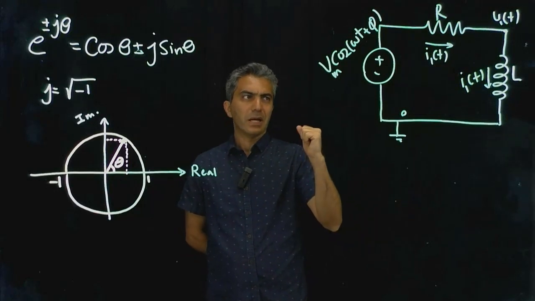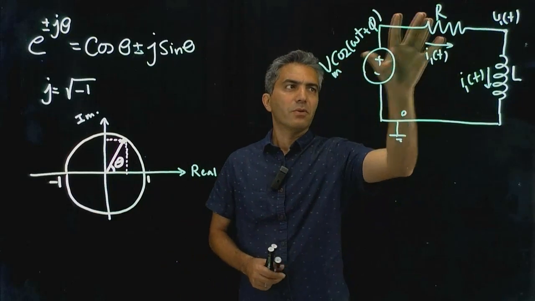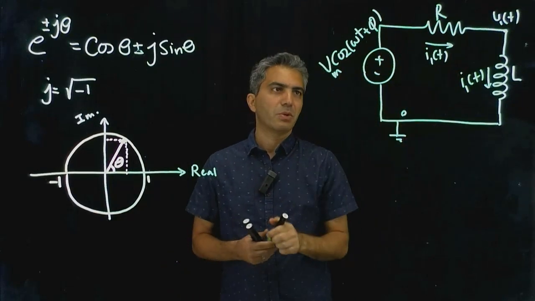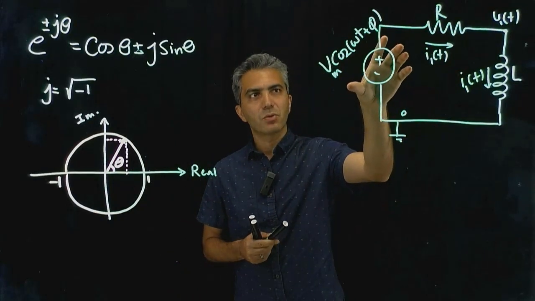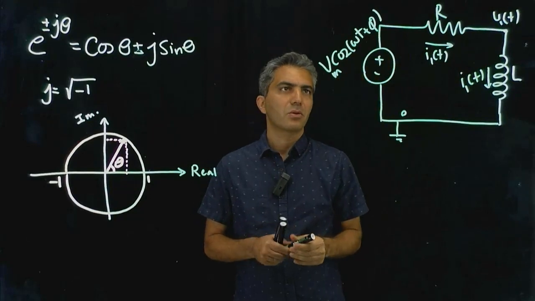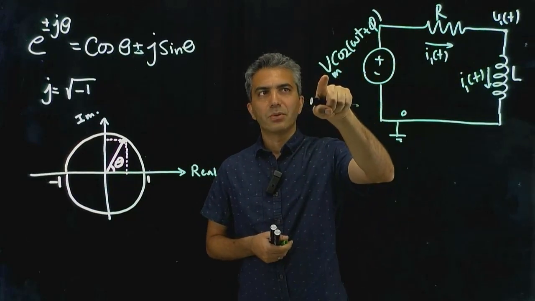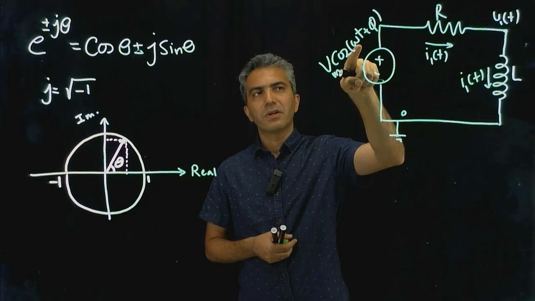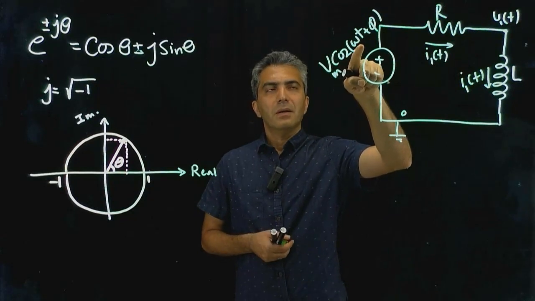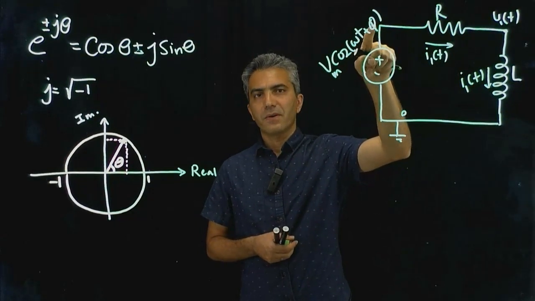So what does that mean for this simple circuit? We said we have a source of voltage in sinusoidal form with an amplitude of Vm, an angular frequency of omega, and a phase of phi.